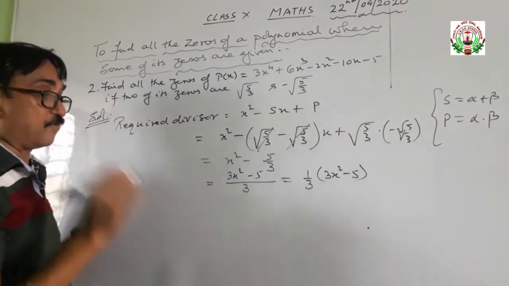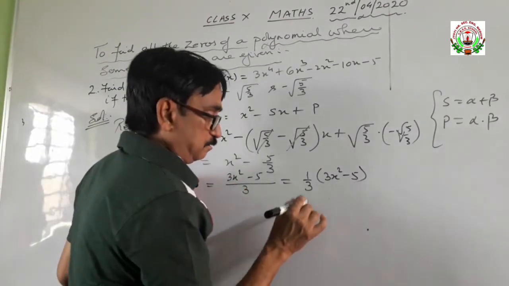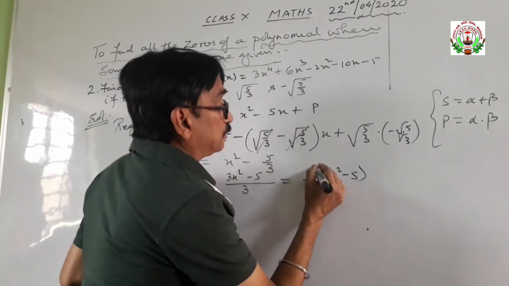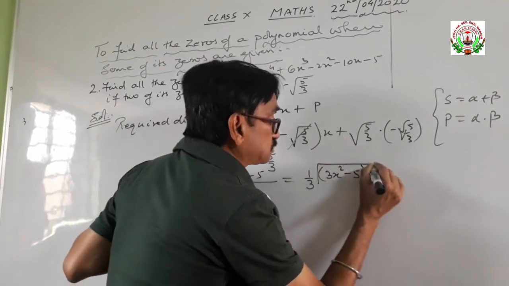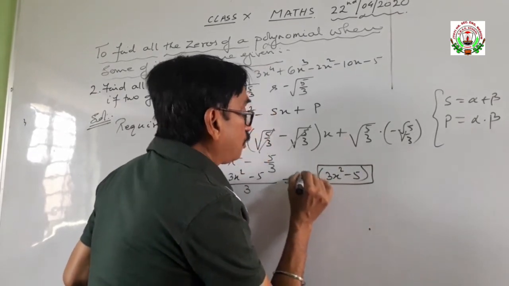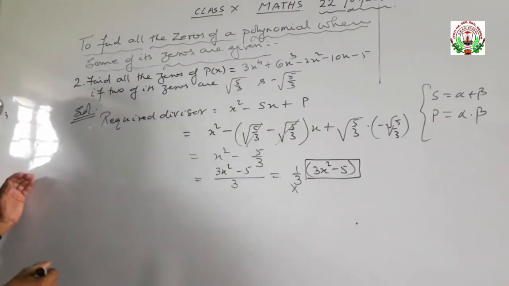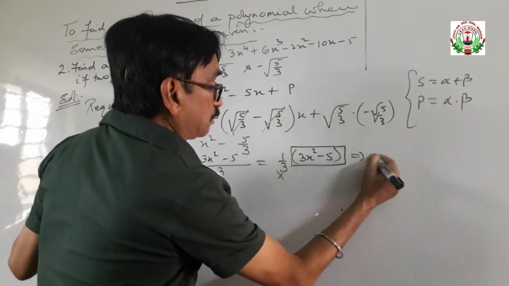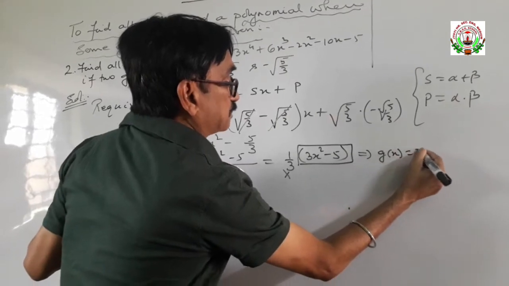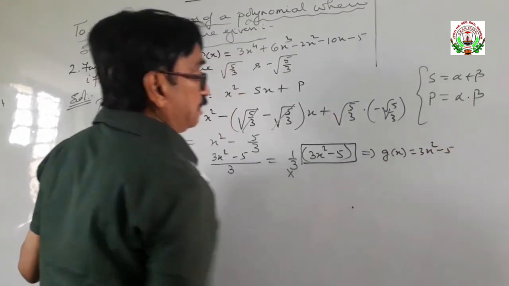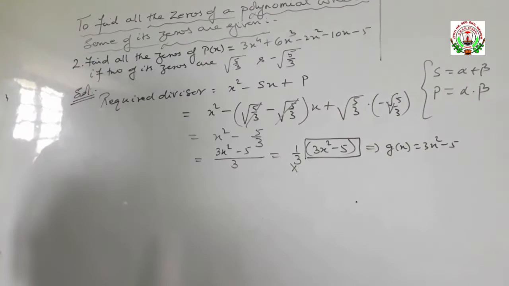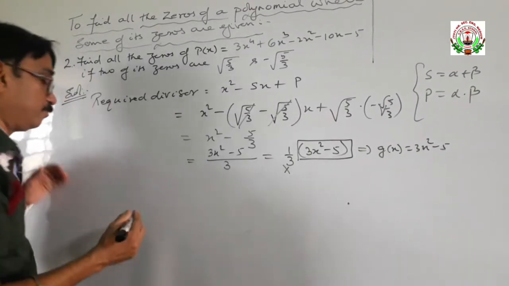Now when we divide the given polynomial, our divisor will be this term only. We will not take this coefficient as a divisor. So our divisor will be 3x square minus 5. That is the only difference between the previous problem and this problem.